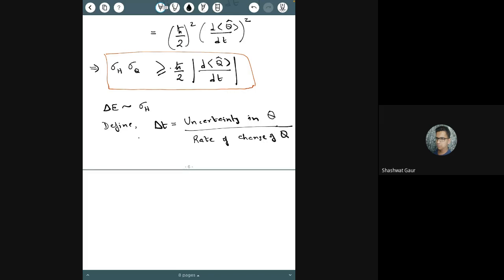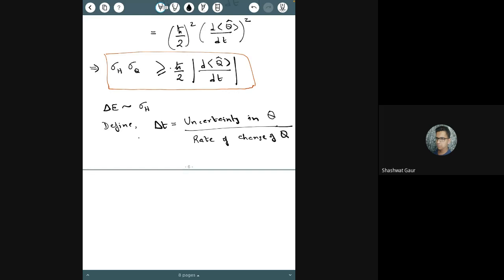So this delta t uncertainty relates only to non-stationary states. For a stationary state, delta E is 0. Energy doesn't change. And delta t is infinity, which means it will stay forever in that state. So now we are only talking about non-stationary states where it's changing.